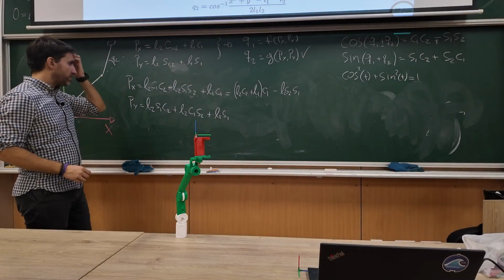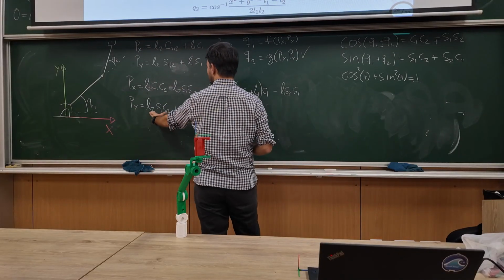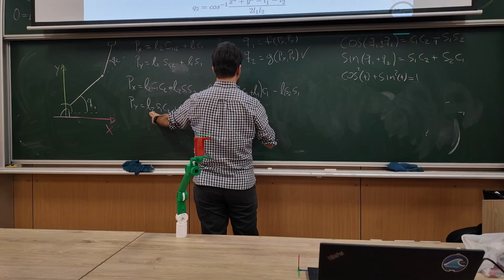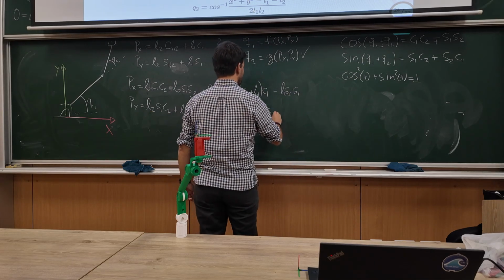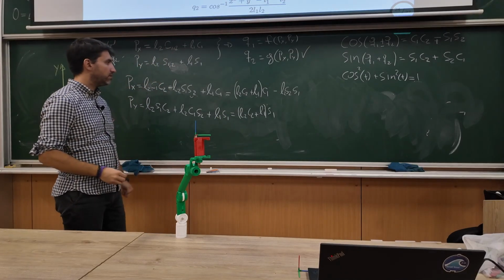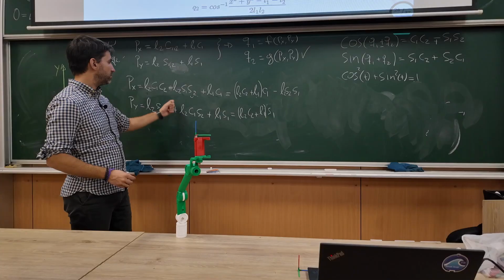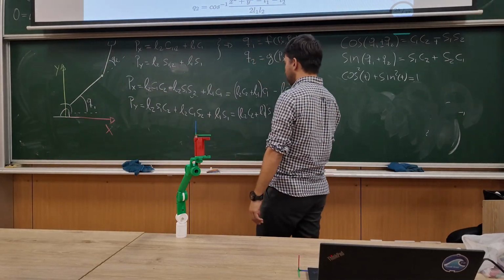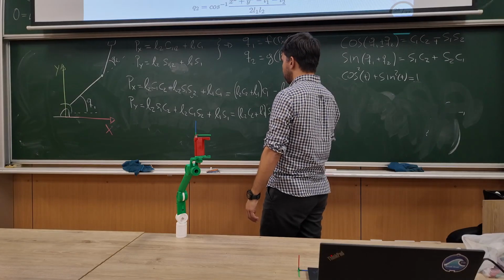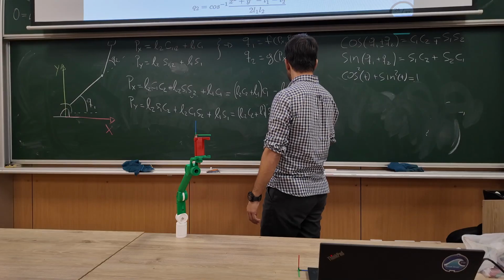Let's do the same thing down here. We will have L2 C2 plus L1, S1, plus, did I take it correct? It's with a plus, plus L2 S2 C1, right?